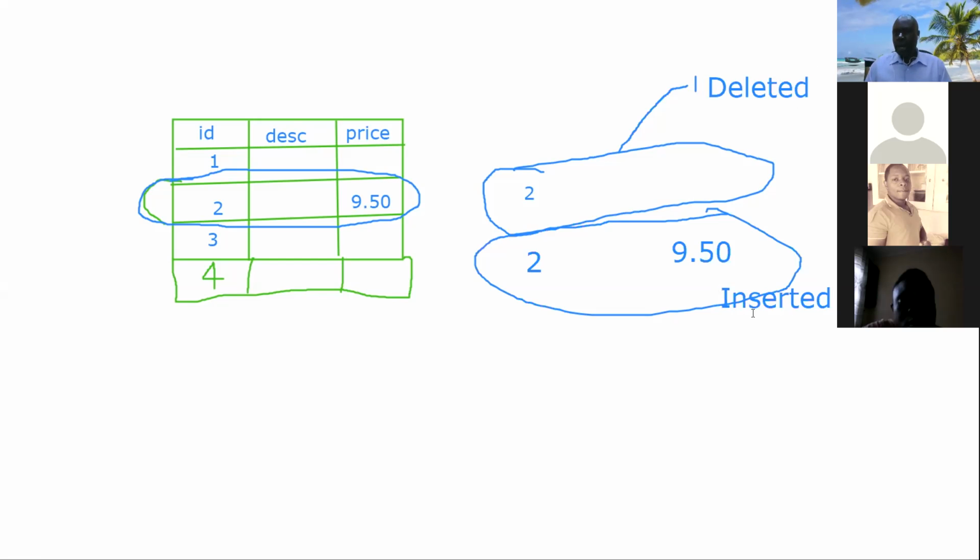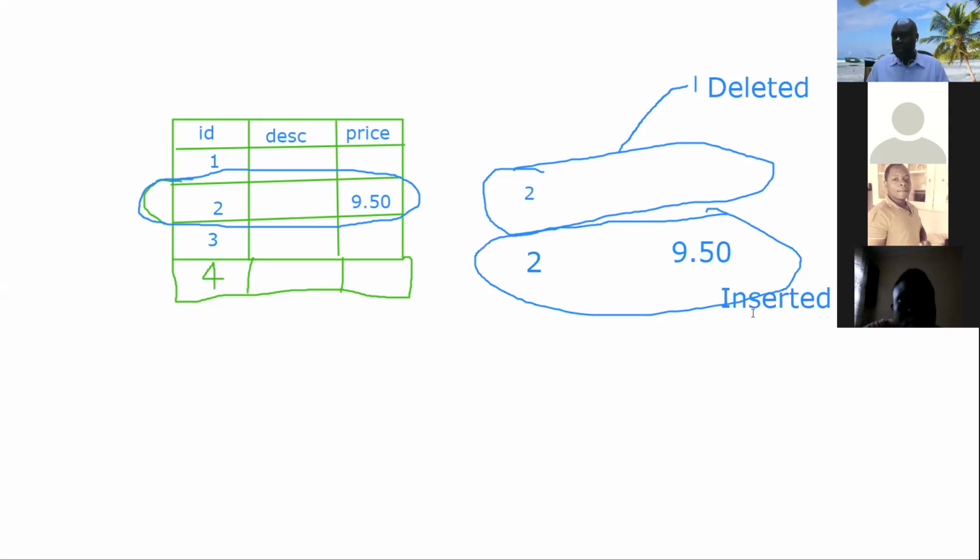So before changes are made to a table, SQL Server is going to take precautions so that in the event that you need to reverse those changes, there will be no problem. And it uses 2 system tables.